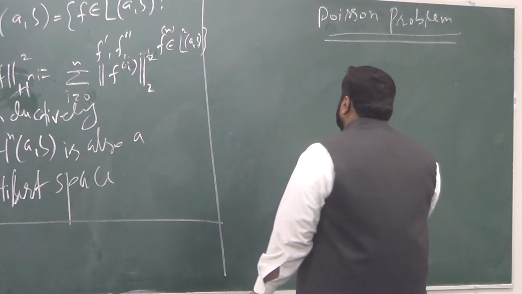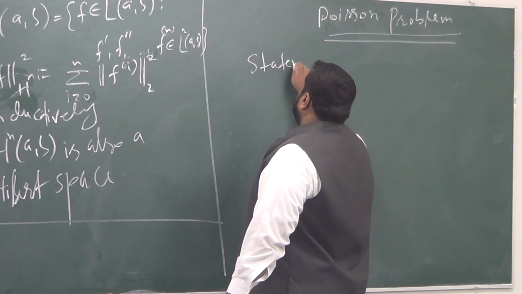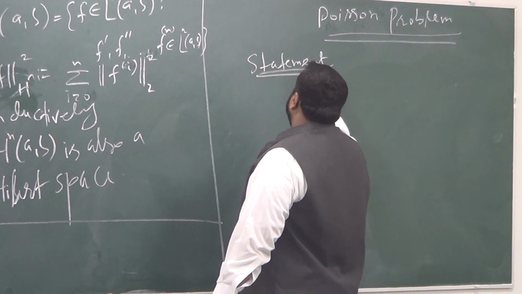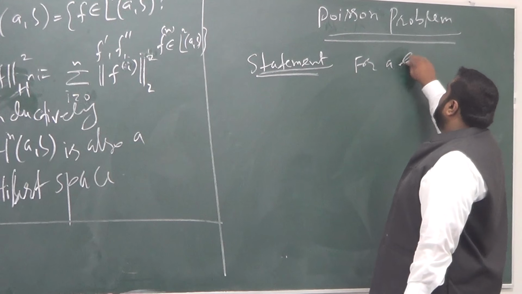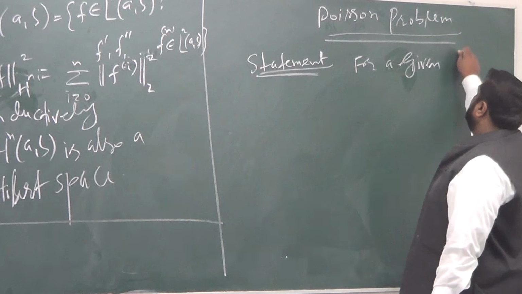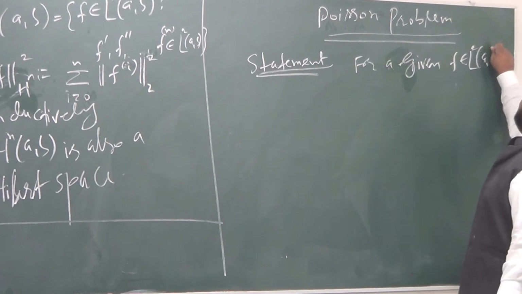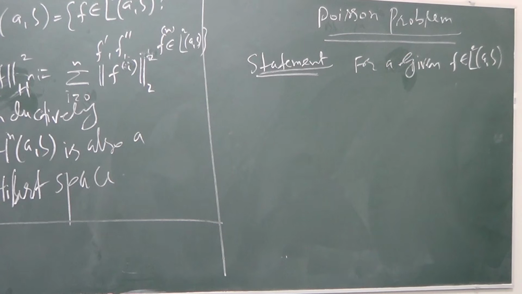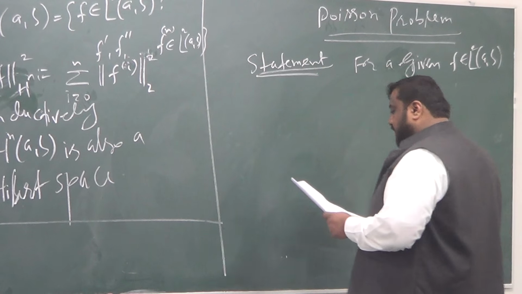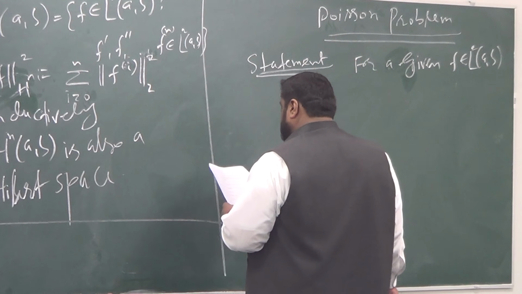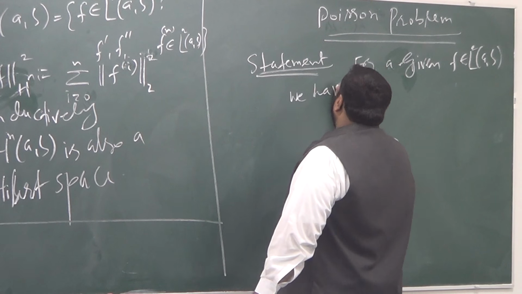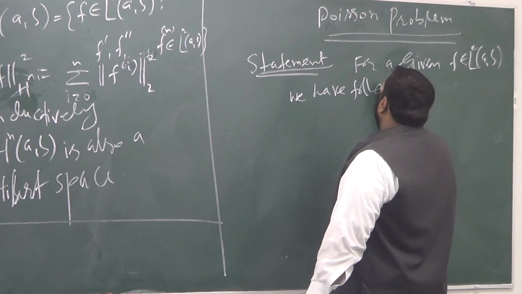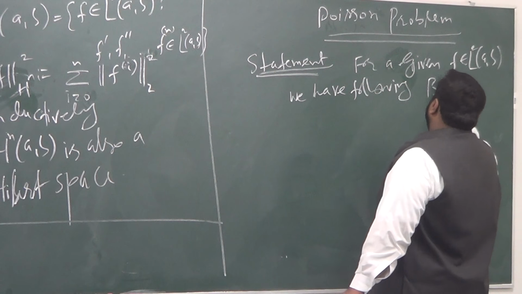So let us formulate the Poisson problem. The statement is this: for a given f in L2(a,b), we have the following boundary value problem.